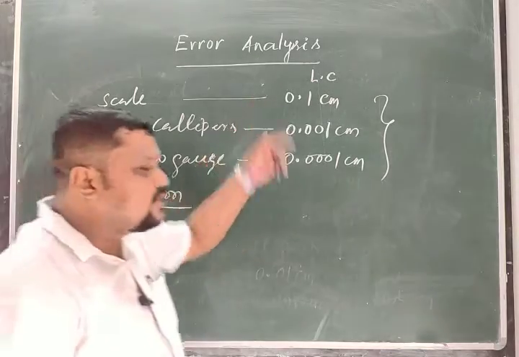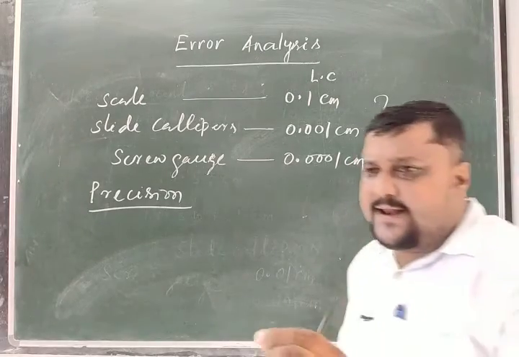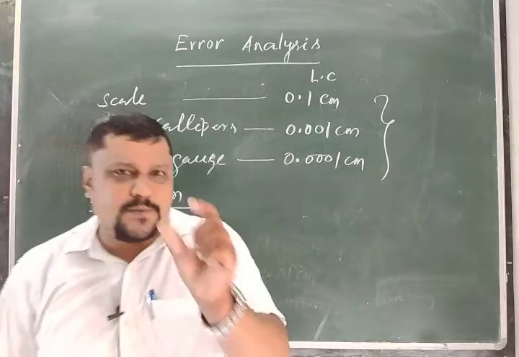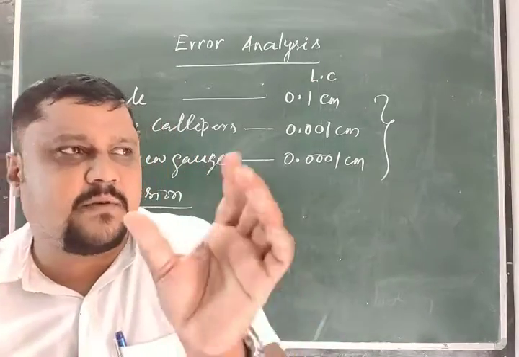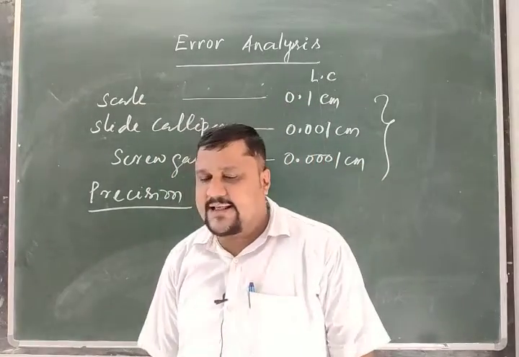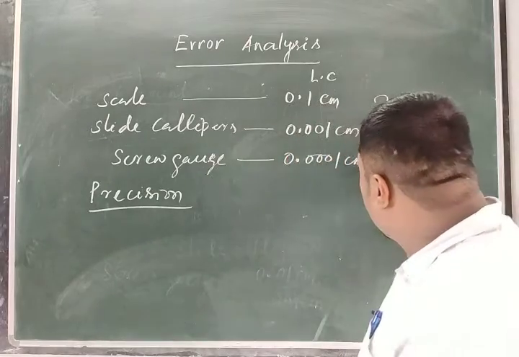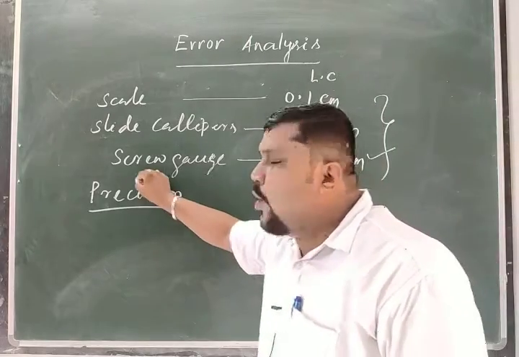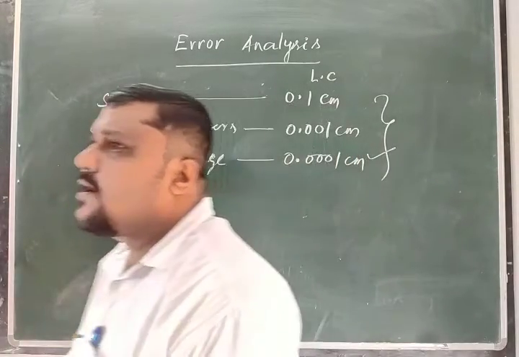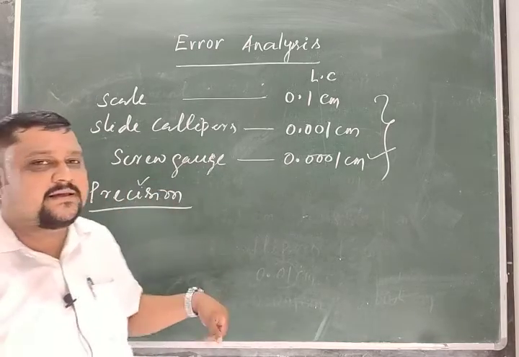Precision means, if I measure the length of a duster or any smaller length, 1 cm or 2 cm, in a range of up to 5 cm, then with the screw gauge my measured value will be more precise compared to the meter scale. So this word precision comes here.